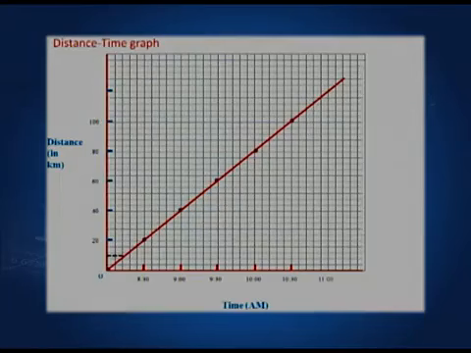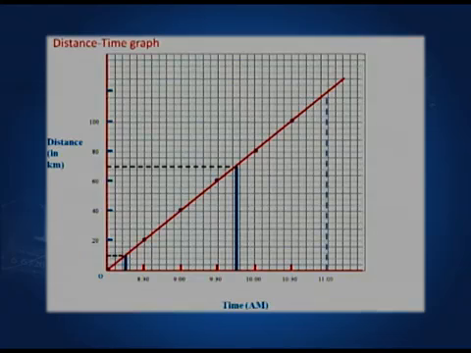And what is the use of this graph? You can see that if we need to know when the bus had covered a distance of, let us say, 10 kilometers, what time at that time was there on the clock, and you can see the time would be given by this point. Similarly, we shall see when the bus was 70 kilometers away, what time was it? Again we draw a perpendicular line and read the time on the time axis.